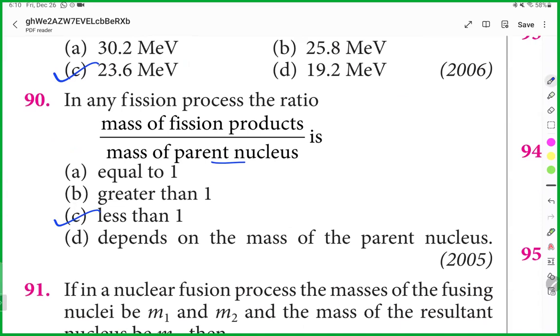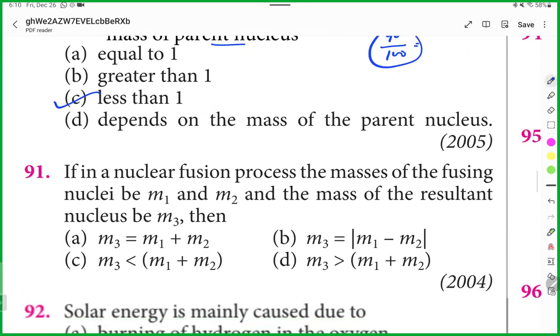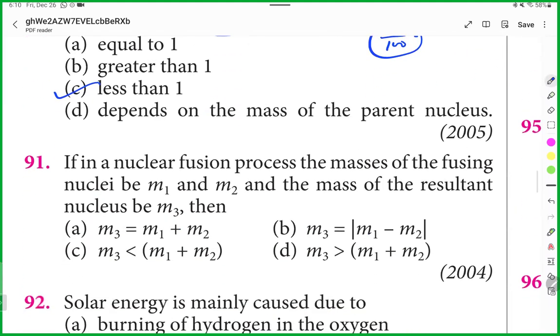But you see the mass of the fission product, because some of the energy will be released, right? Example, you have 100 joule energy in reactant, parent nuclei. Now product will form 90 joule energy and some energy is released. Now if you see product is 90 by reactant 100, then it is less than 1. Make sense? Yes, sir.